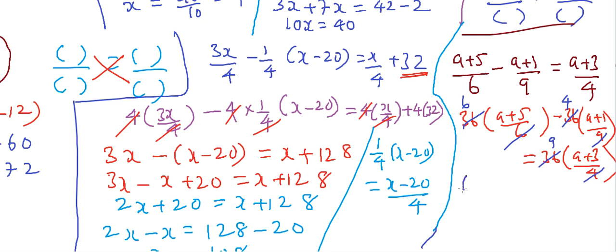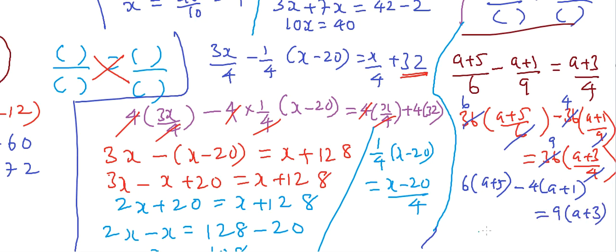See, in the next line you will not have any fractions. Now we have 6 into a plus 5. Actually you can directly multiply. To make it clear, I am writing this again: 6 into a plus 5 minus 4 into a plus 1 equal to 9 into a plus 3. Now you see there's no denominator.